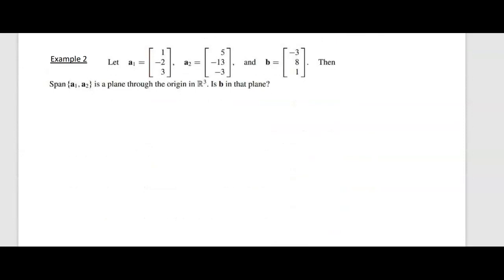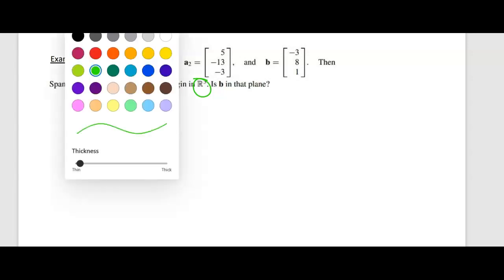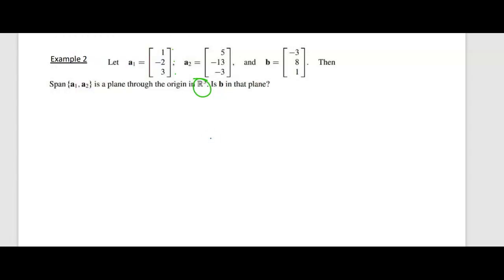All right, so let's look at this one. We have A1, A2, and a B. Span A1 and A2 is a plane through the origin of R3. Well, that makes sense because I have an X1, an X2, and X3. These are here, okay? Is B in that plane? Well, let's go ahead and check.